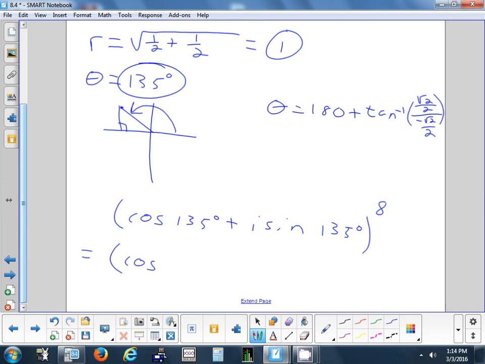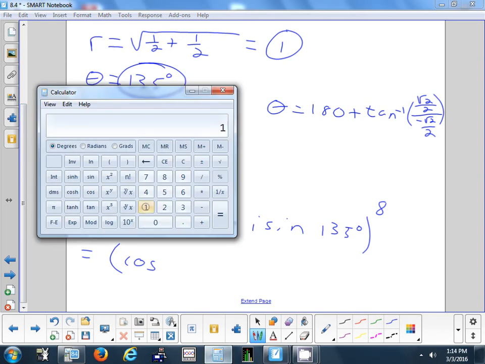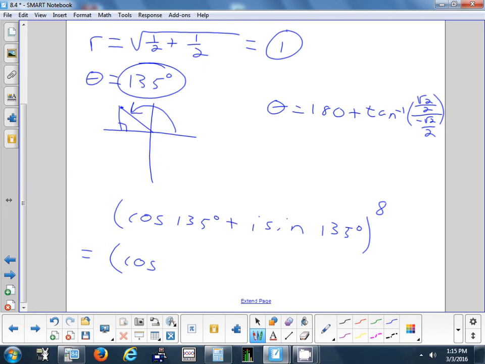Times it by 8. 135 times 8, so I get 1080. Now, that's a pretty big angle. So what can you subtract from an angle that doesn't change it but makes it smaller? 360. Can I do it again? Yep, and I can do it one more time. So 1080 is the same as 0.